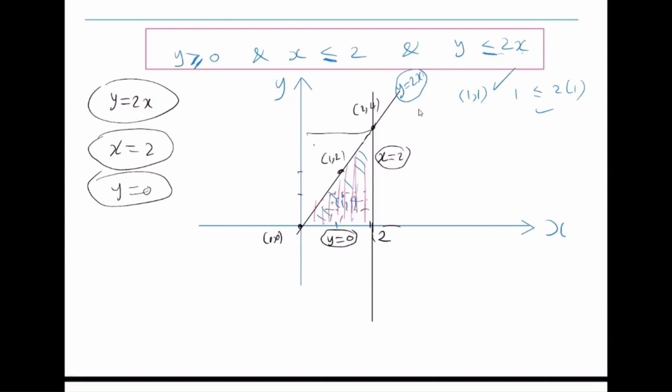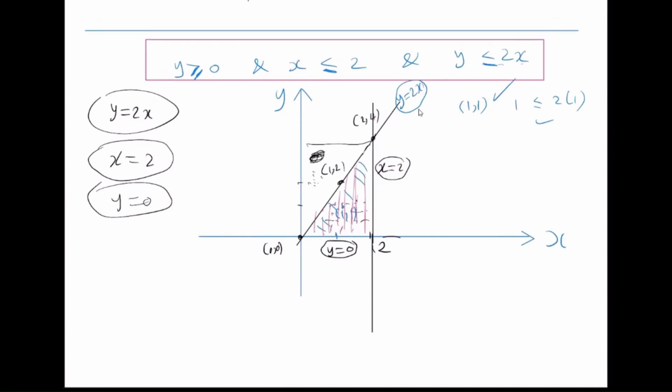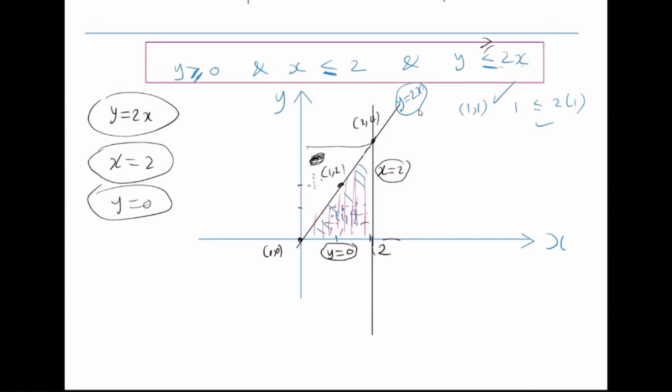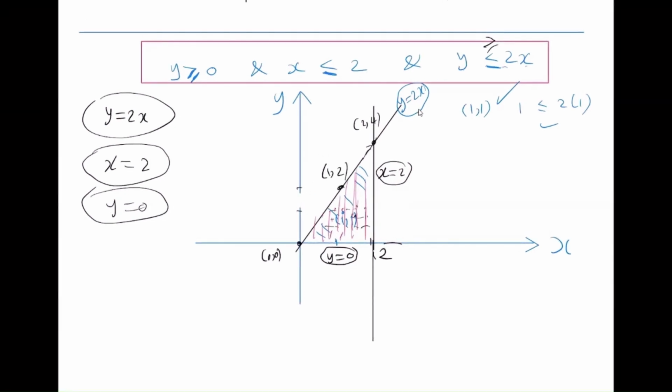No, the one below. Why? Because we need y less than 2x, not y bigger than 2x. We will come to this triangle. If this was bigger than or equal to, we come to this part, not this one, and solve another problem. So it's very important to draw it carefully. Got it? Yes. Okay. This is 1 and 2, this point.